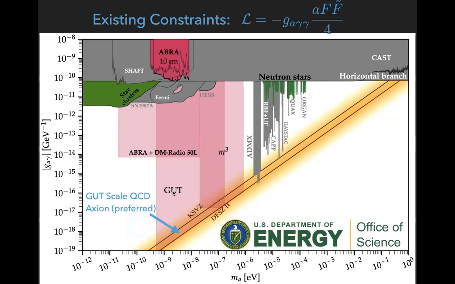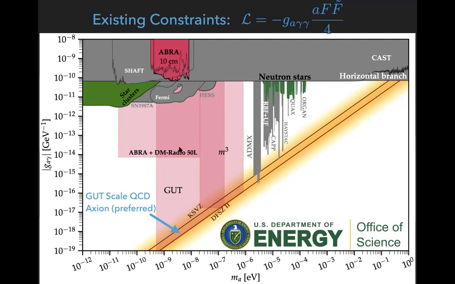GUT is multi-meter. I don't remember exactly if that's 2 meters or 3 meters, but it's on the order of 2 or 3 meters is what we'd expect it to be. And magnetic fields a little bit below 10 Tesla, I think, is what went into this prediction, although don't quote me on that. But the parameters here aren't finalized by any means.